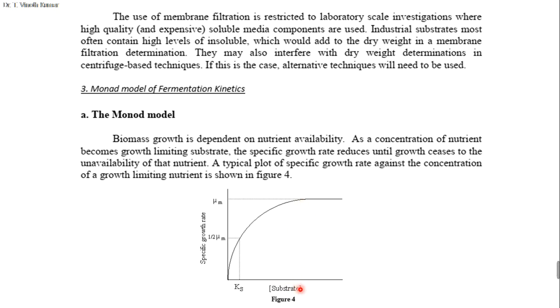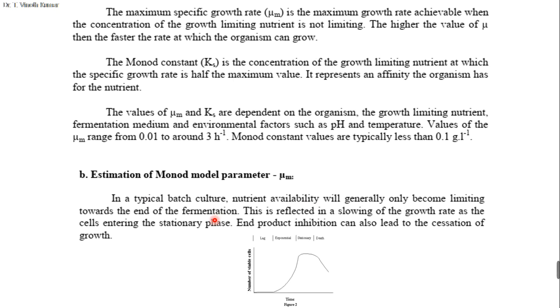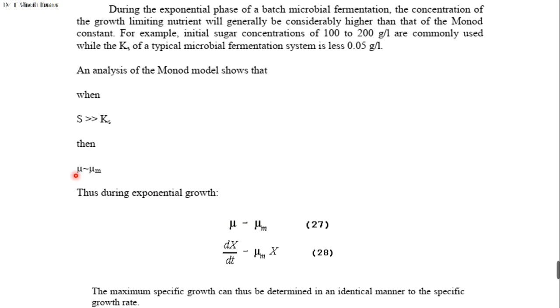So this is approximately 90. If you are using more than this Ks, for example, instead of 20, if you are taking 90, then that gives the mu m value, that is the maximum specific growth rate.